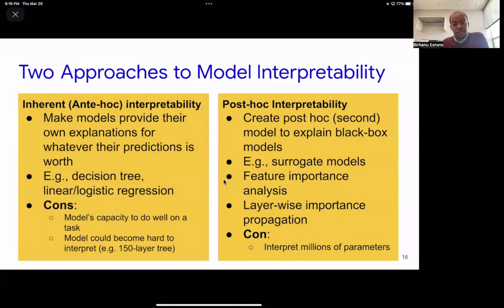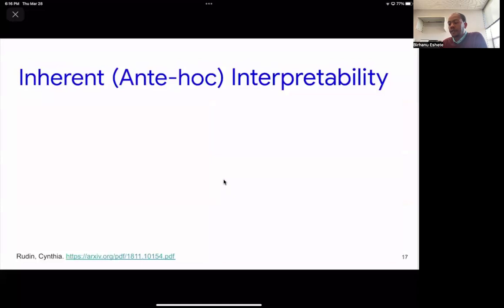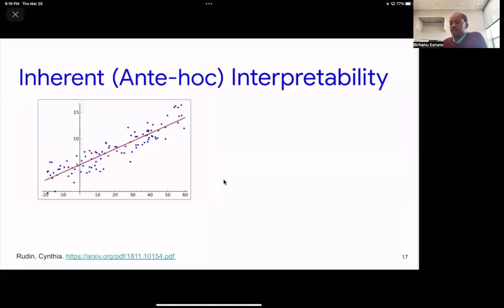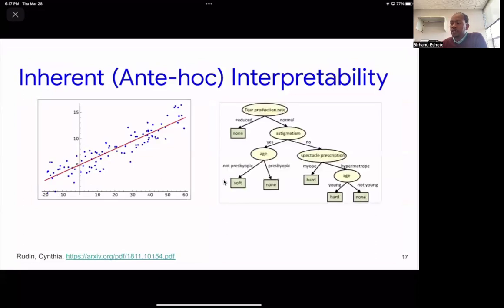Regardless, we do have these two broad approaches to model interpretability, so let me expand a little bit on each of them. The inherent interpretability approach, as I said, uses models or model architectures that are easy to understand in terms of the decision boundary, for example, linear regression models like the one you see over here, or decision trees.